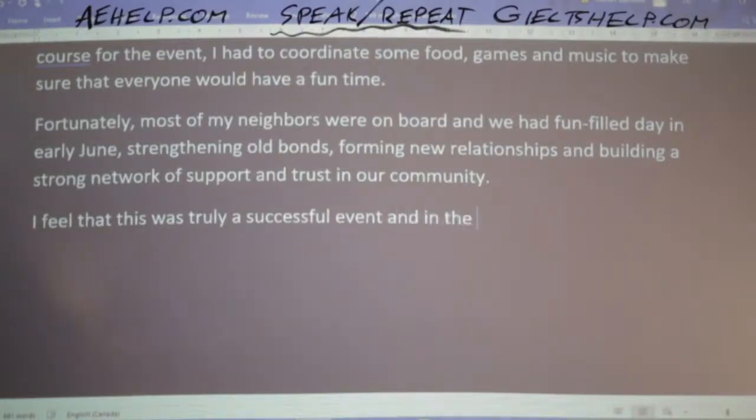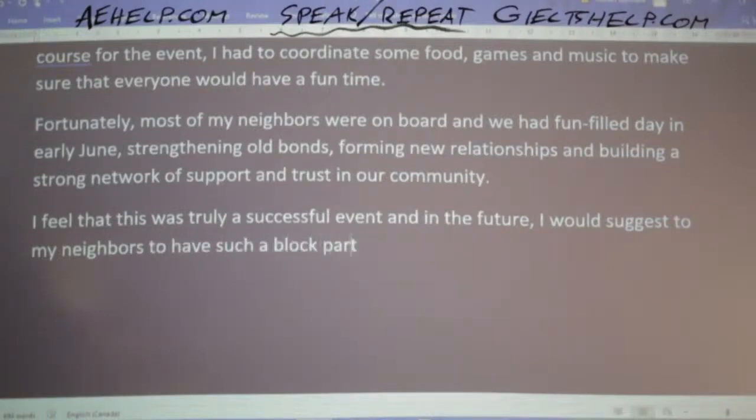And in the future, I would suggest to my neighbors to have such a block party at least twice a year, in spring and late summer.